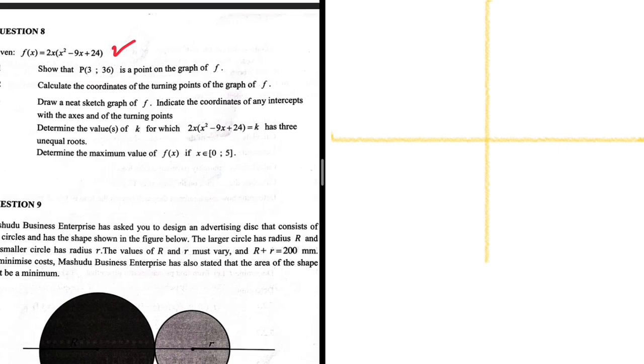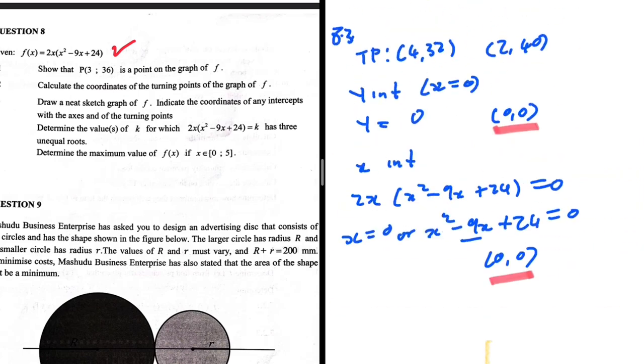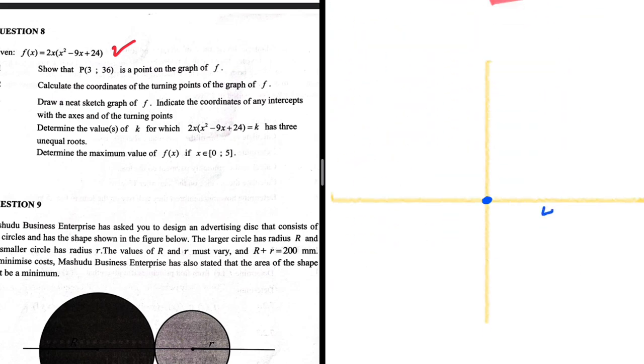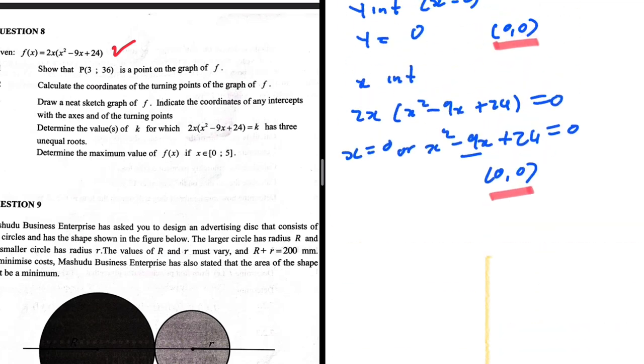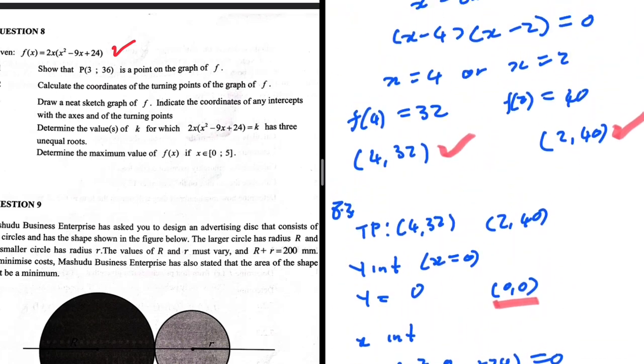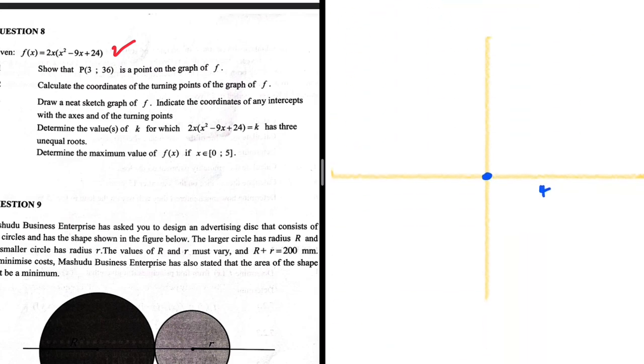And we also have the turning points 4 and 32. When x is equal to 4, we have a turning point of 32. And when x is equal to 2, we have a turning point of 40.